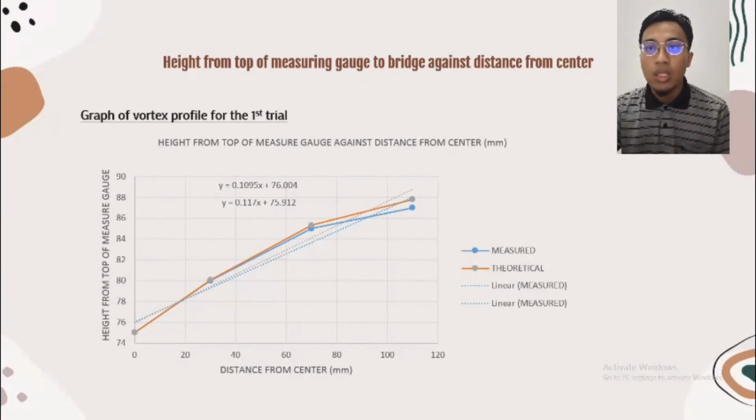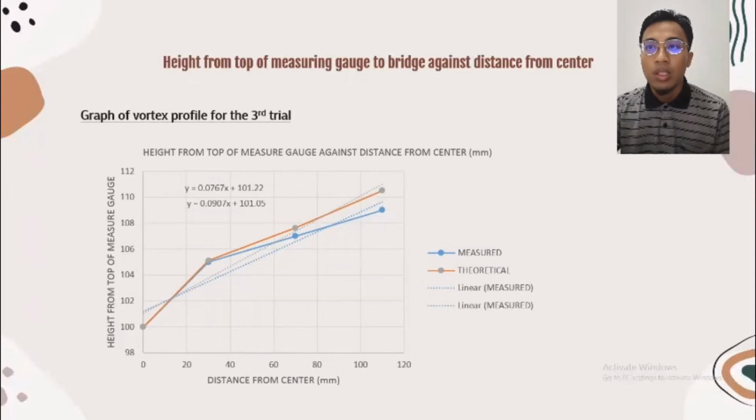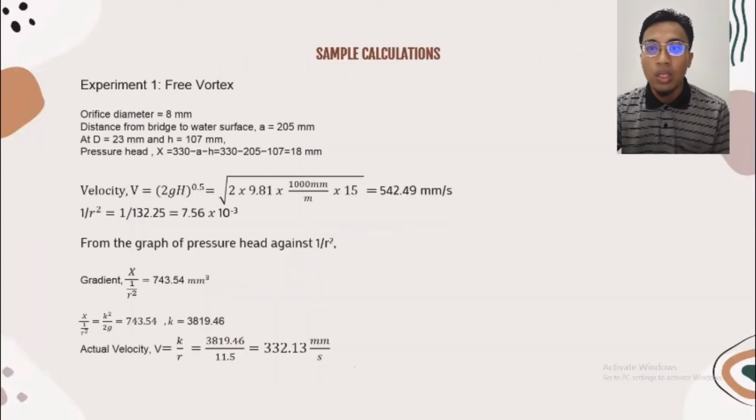The next one is the graph for the second trial, and lastly the graph of the vortex profile for the third trial. So this is the sum of the calculation that will be made in order for us to get the data that we need to fill up based on the table previously shown.